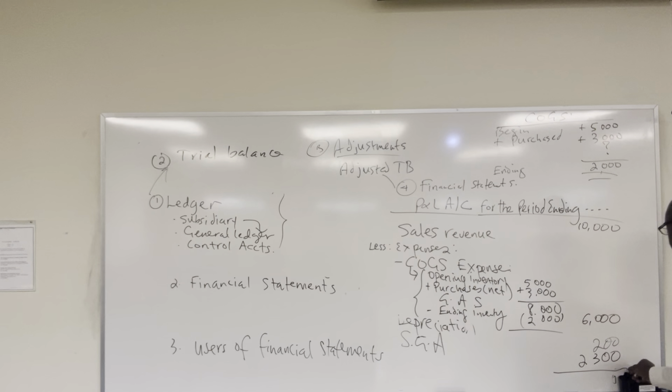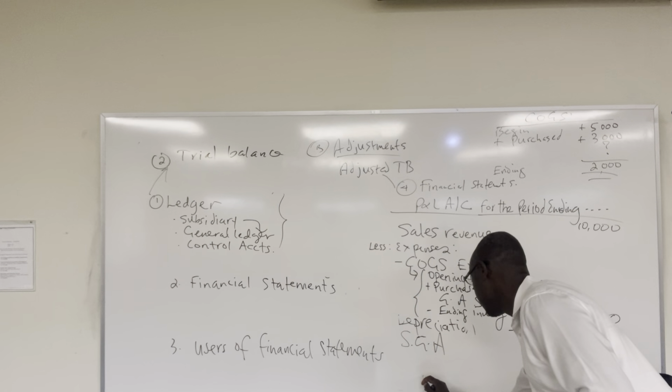Now, if you add all the expenses together, this will be 2,500 plus 6,000 is what? 8,500, correct? Now, if you subtract the 8,500 from your sales, what you are going to get is what we call the profit. Does that make sense? The profit, which is your net profit. So this is our total expenses.